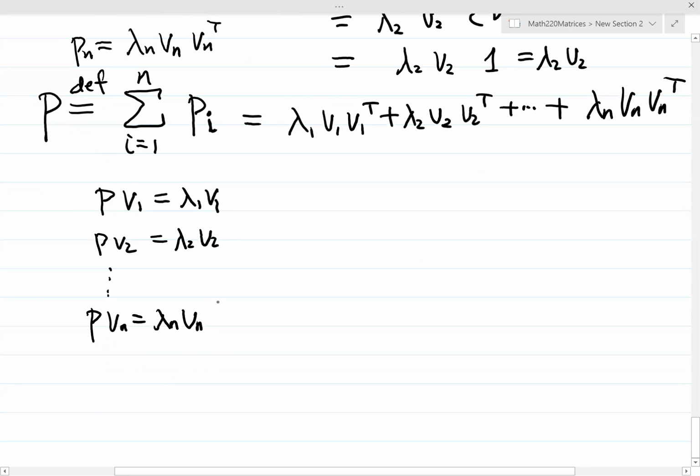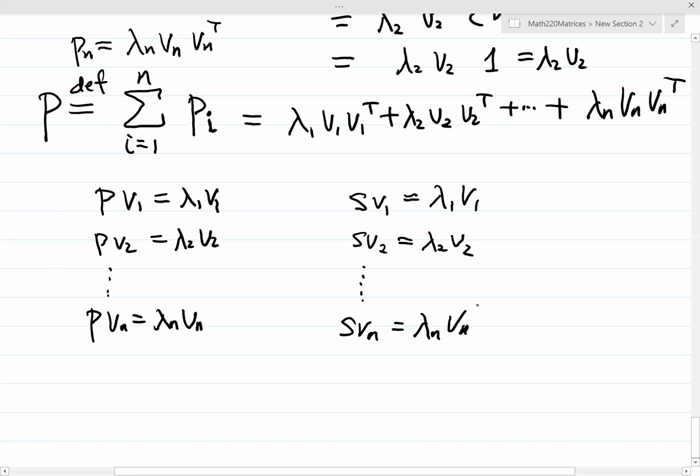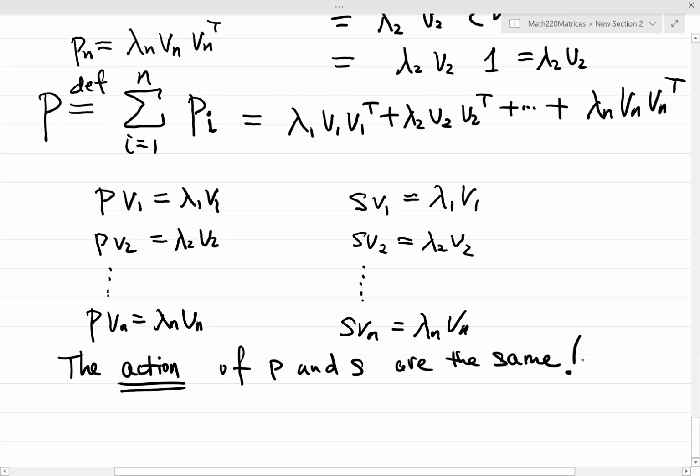Now remember, what S does is S V1 equals lambda 1 V1, S V2 equals lambda 2 V2, and so on, S Vn equals lambda n Vn. So you see that what this matrix P does and what S does to these eigenvectors are the same. So we can conclude that the actions of P and S are the same on V1, V2, Vn.